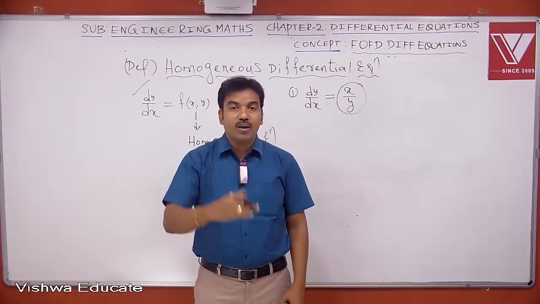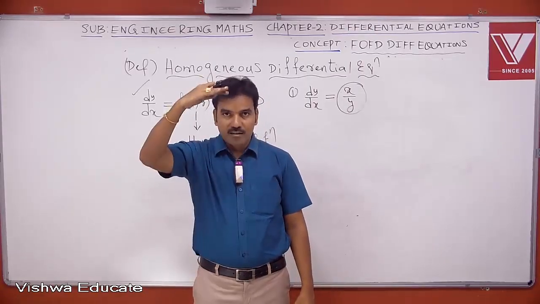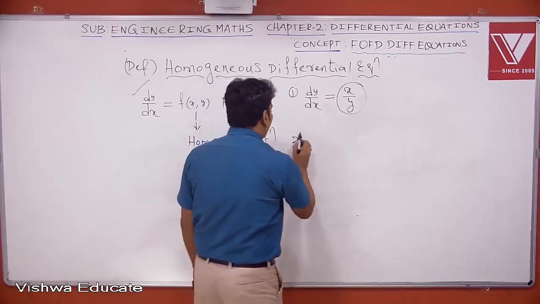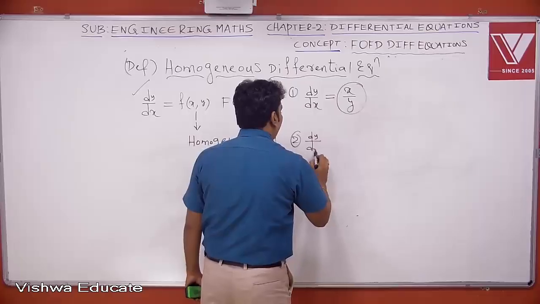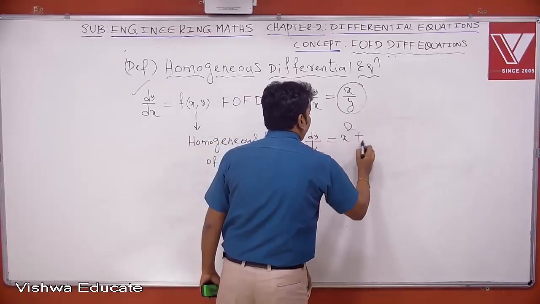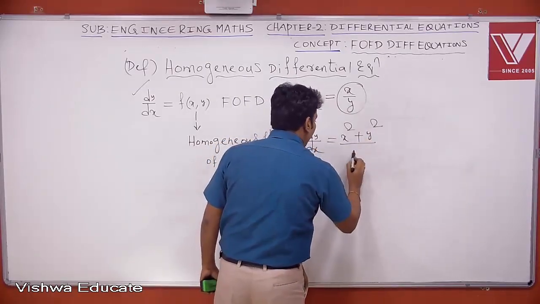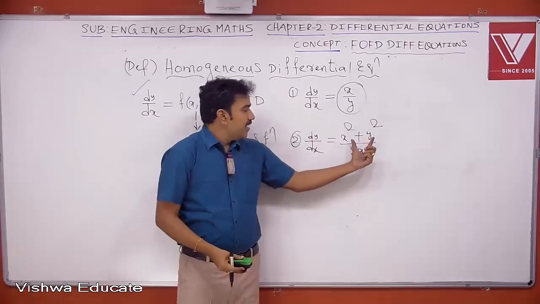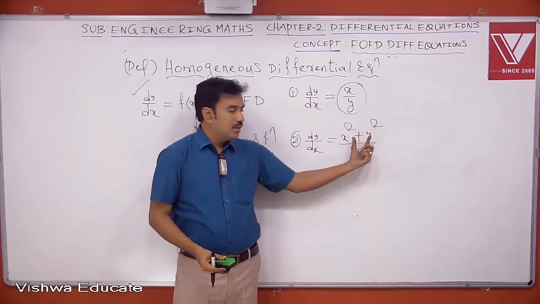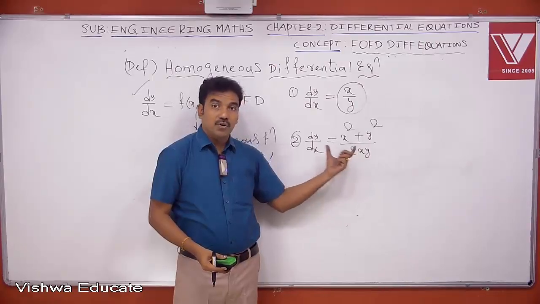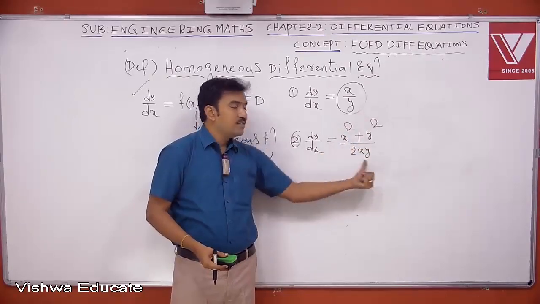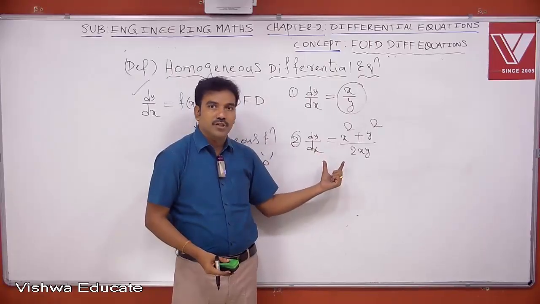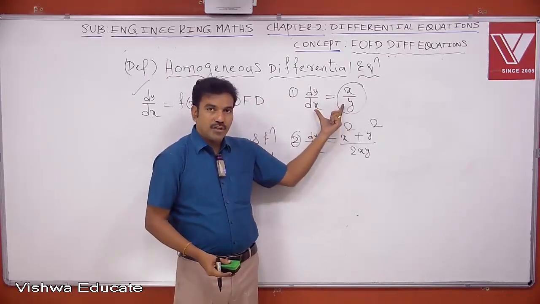Say, for example, if I have dy by dx equal to x square plus y square, and in the denominator, for example, 2xy. Now you can see the numerator is a homogeneous function of degree 2, and the denominator is also a homogeneous function of degree 2. Because of this division, this is a homogeneous function of degree 0. Hence, it is called a homogeneous differential equation.